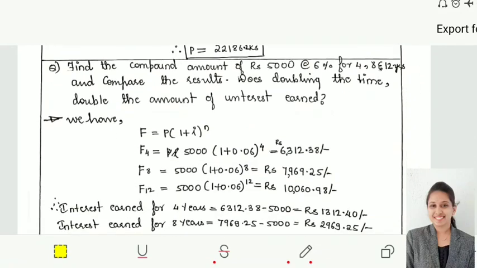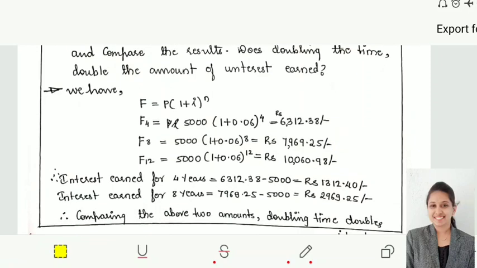So next one we'll see: find the compound amount of rupees 5,000 at 6% for 4 years, 8 years and 12 years and compare the results. Does the doubling of time double the amount of interest earned? So how will you conclude this? Here you have future worth equals present worth times 1 plus i raised to n.